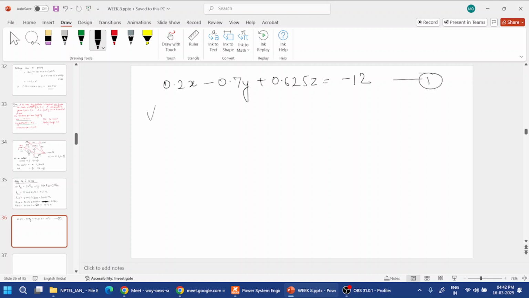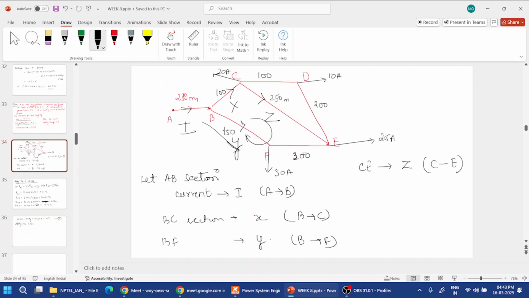Then we again apply KVL because we have three variables. KVL in loop CDEC. So in CD, X is here, minus Z goes there. So the remaining current will be X minus Z minus 20.